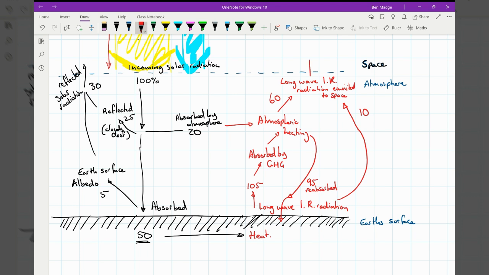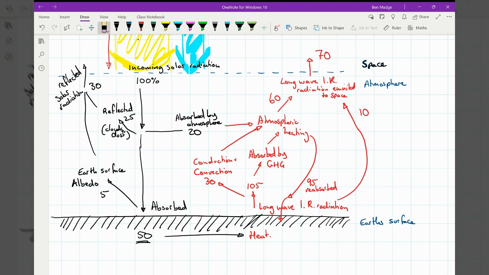So in total, we have 70 leaving the Earth's atmosphere. And we've also got conduction and convection within our atmosphere that transfers 30 around the place. Oh, so that doesn't go to that, that goes up here.